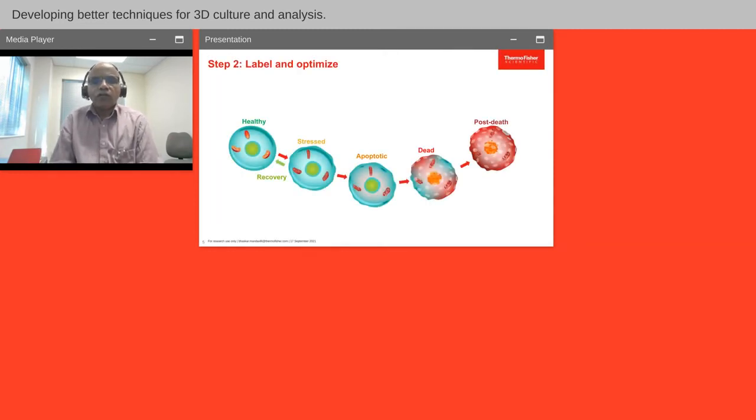When you are talking about a cell health continuum, either in a tissue or a 3D organoid sample, we are looking at healthy cells and what the phenotype looks like, and also at stressed populations, apoptotic cells and dead cells.